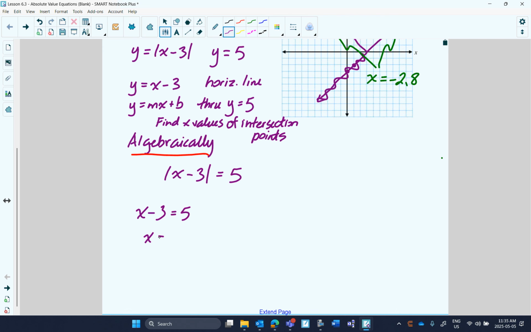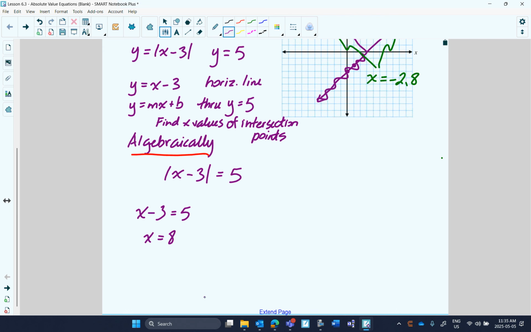Yeah, you guys were sort of getting ahead. What else could it be so that when I take the absolute value, I get 5? What else could this work out to? Hang on, you're actually too far ahead. This has to work out to 5, so x is 8.